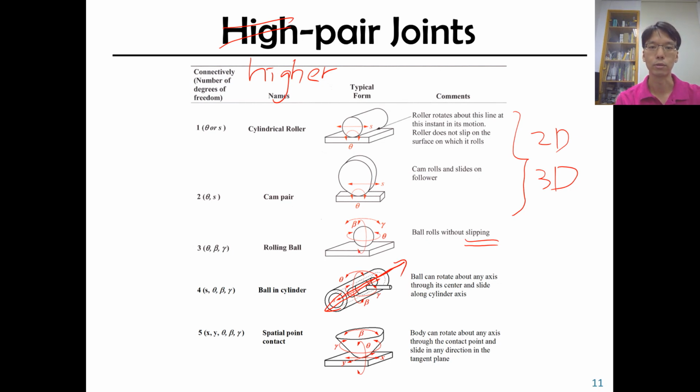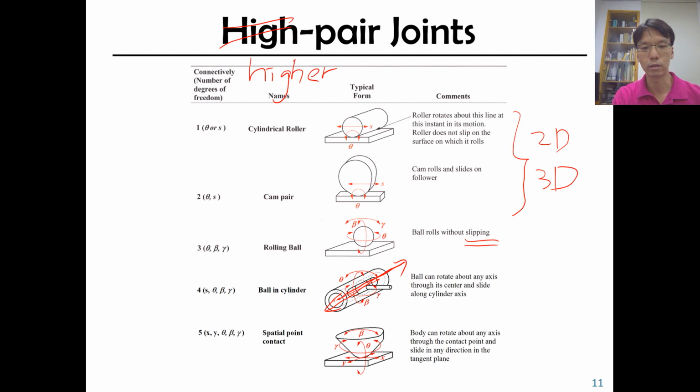Just pay attention: those higher pair joints are either line contact or point contact. You can see the rolling ball has only one contact point; the very bottom of the ball is in contact with the surface.